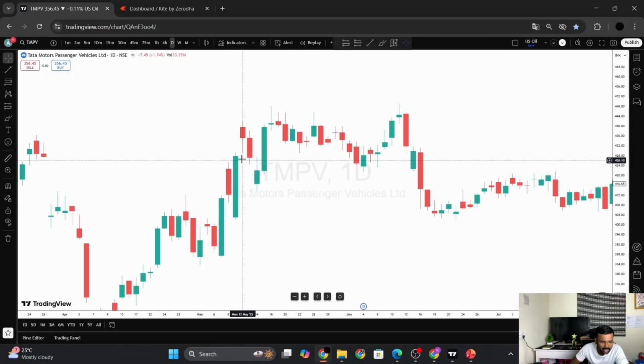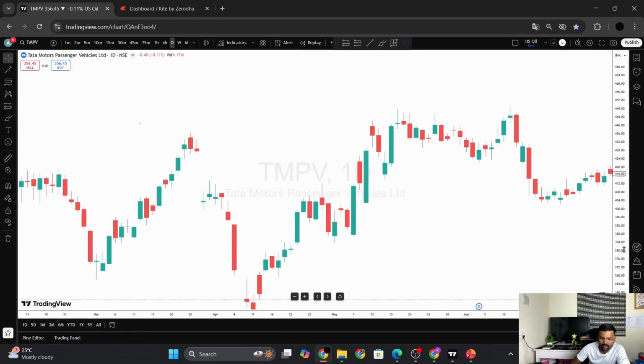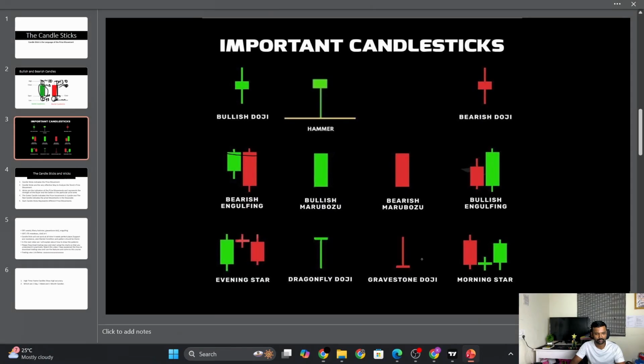But look at this candle, this is a bullish marabozu, because the wick is very small at the top and the bottom. This is the body, this is the wick. The body is huge and the wick is very small. So this is called bullish marabozu.